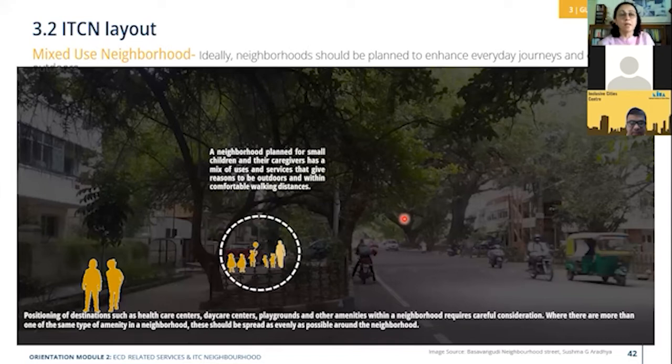So going to the guidelines, the first requirement for a neighborhood when it is being planned is that it should be a mixed use neighborhood. An important aspect to consider here is that in the space which is being defined as the neighborhood, one can navigate safely.